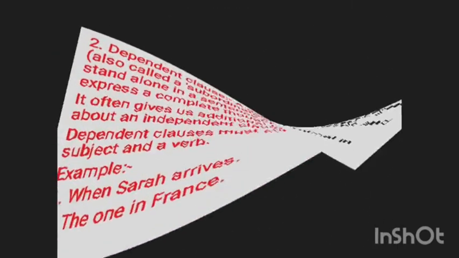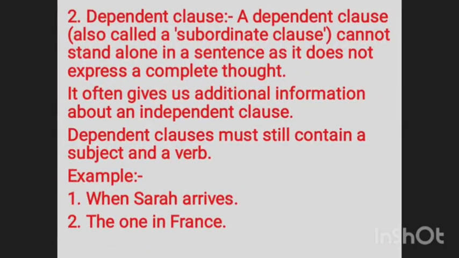Let's look at the other type of clause. Now, the second type of clause is called a dependent clause, or you can see it as a subordinate clause. Now, a dependent clause is a clause that cannot stand alone in a sentence. Why? Because it does not express a complete thought.